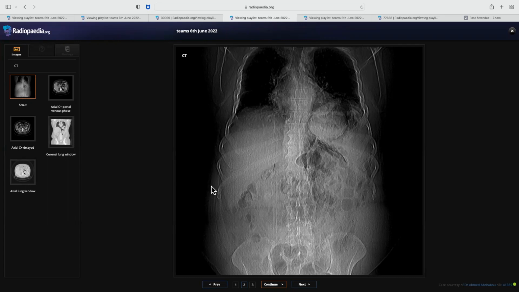I think they are also tracking towards the left hemidiaphragm, suggesting that this air could be in a retroperitoneal compartment rather than an intraperitoneal compartment.